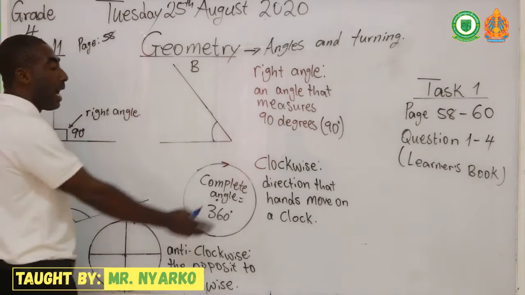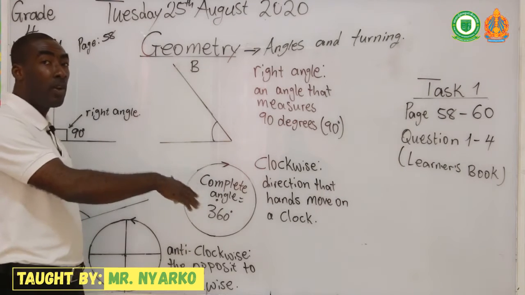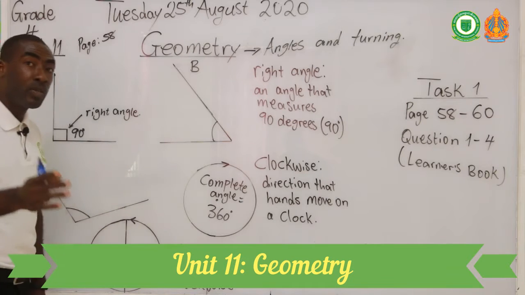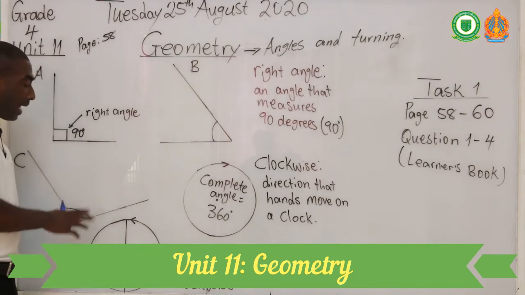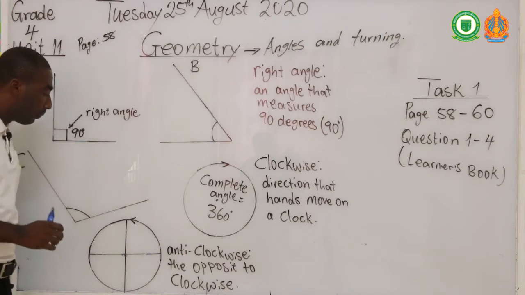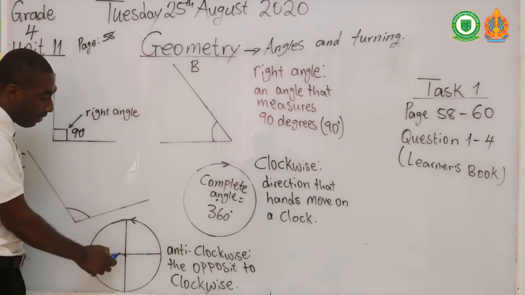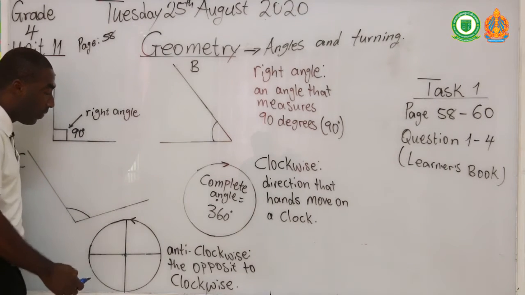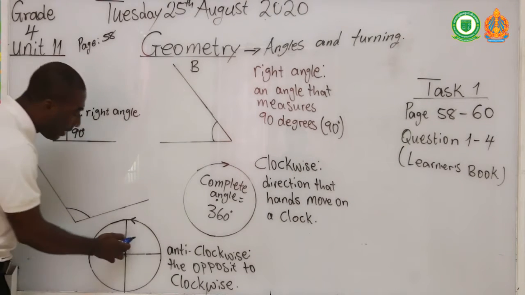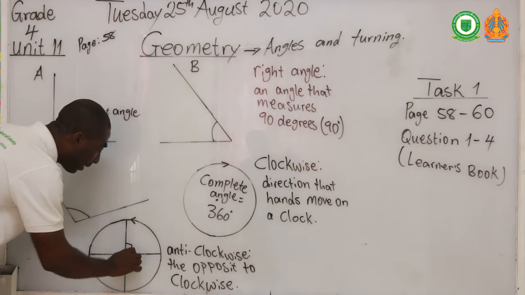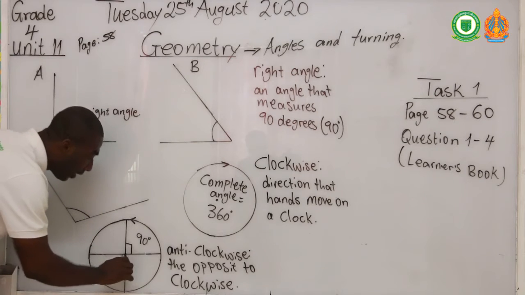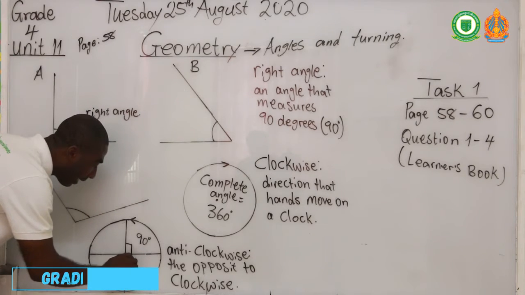Why do we say that an angle on a circle or a complete angle is equal to 360 degrees? Okay, so this is the proof to show you that an angle of a circle is equal to 360 degrees. So this is a circle that we have, and we have our center over here. So when you put a straight line in it and you divide it into 4 sections, this section will form a right angle, okay? So that means we'll have 90 degrees here. This section will also form a right angle.